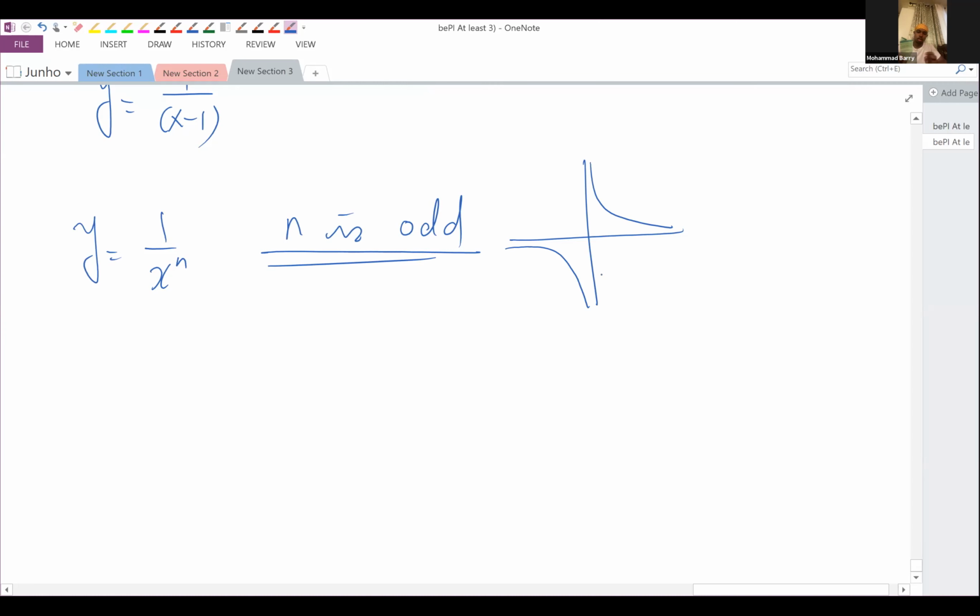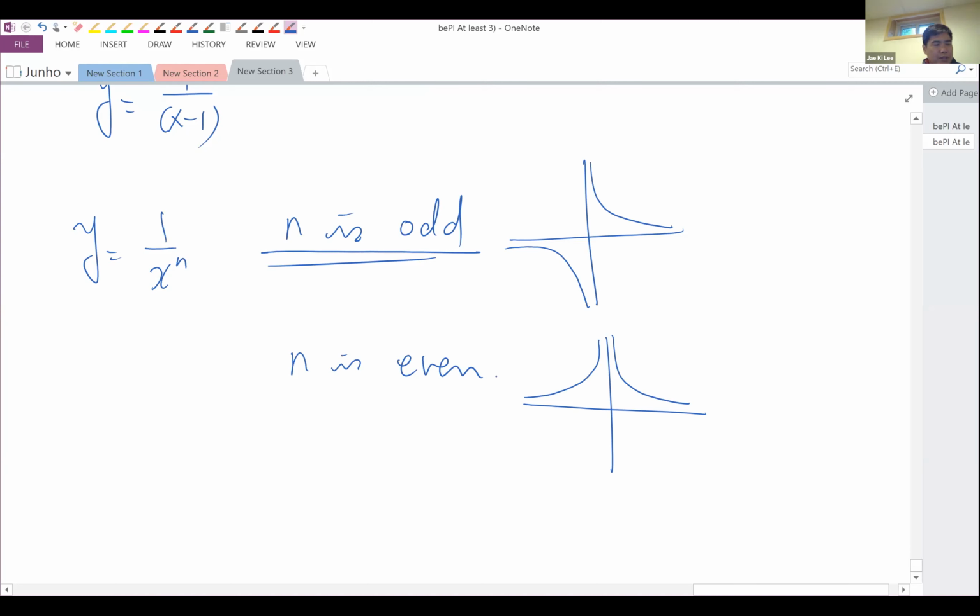But if n is even, it doesn't cross the y-axis or the x-axis, and it looks like this. How interesting it is. Makes sense to you? Yeah.